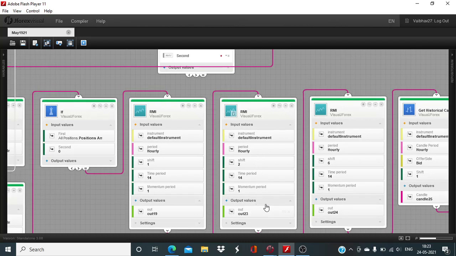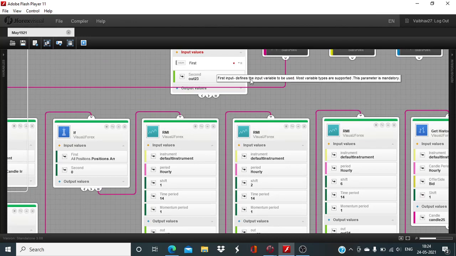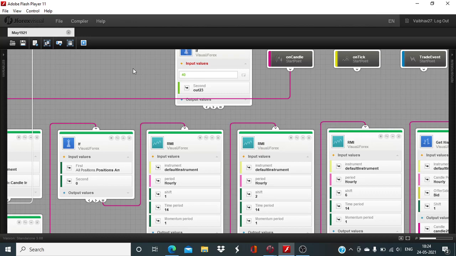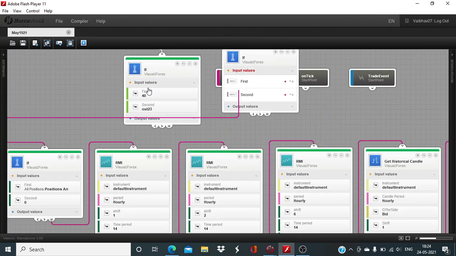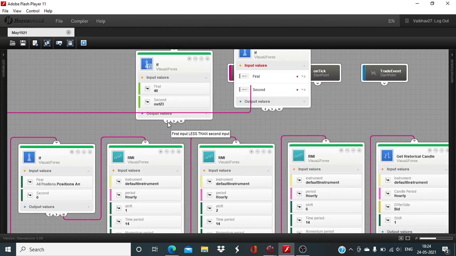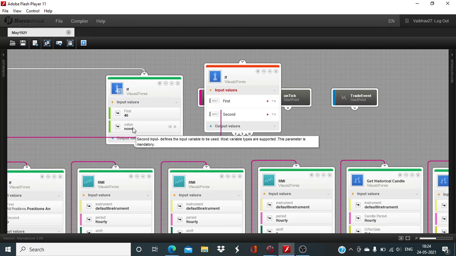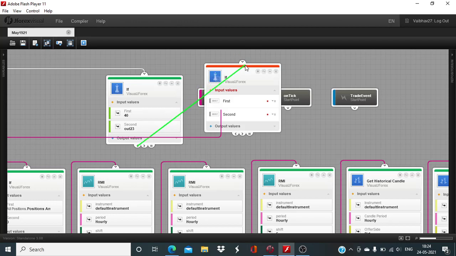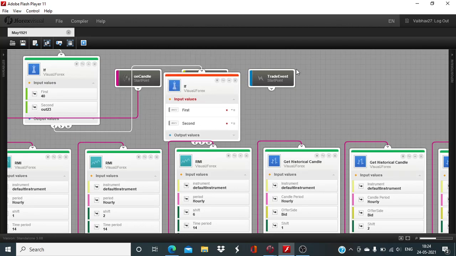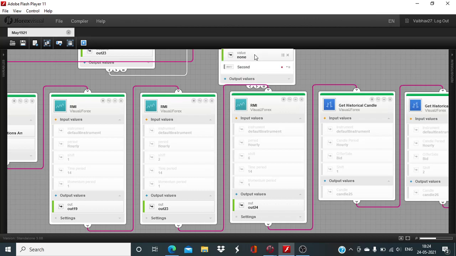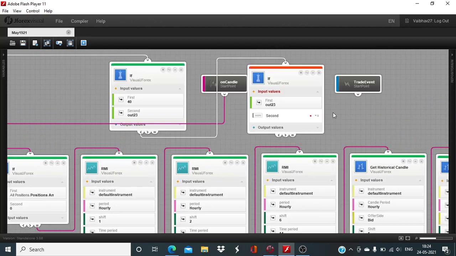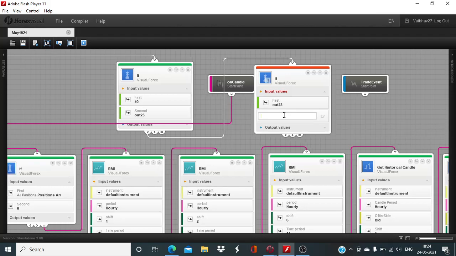So here the out 23, this value should have been above 40, which means first input is less than second input. And again, this should be below 50.